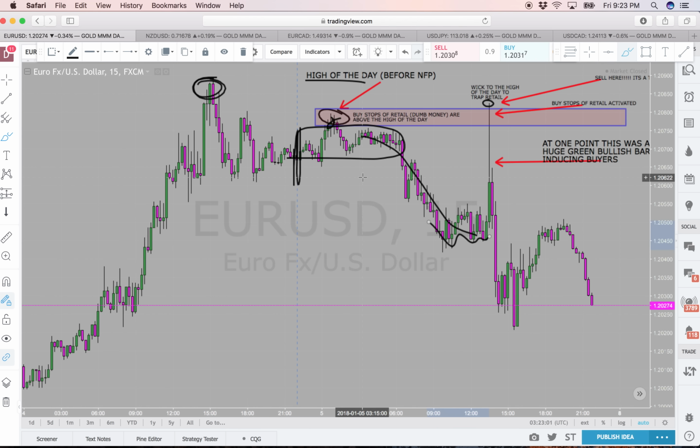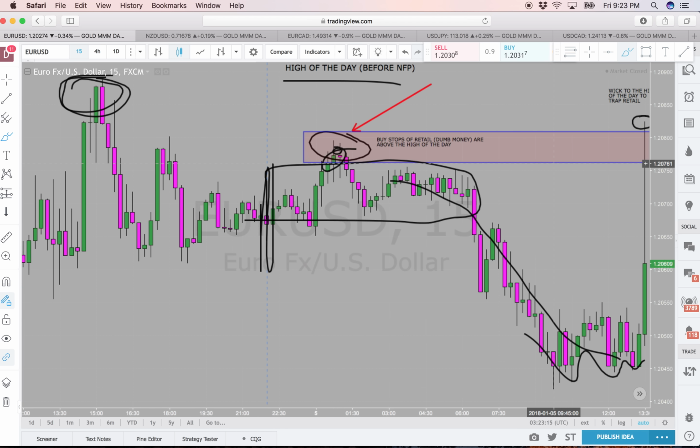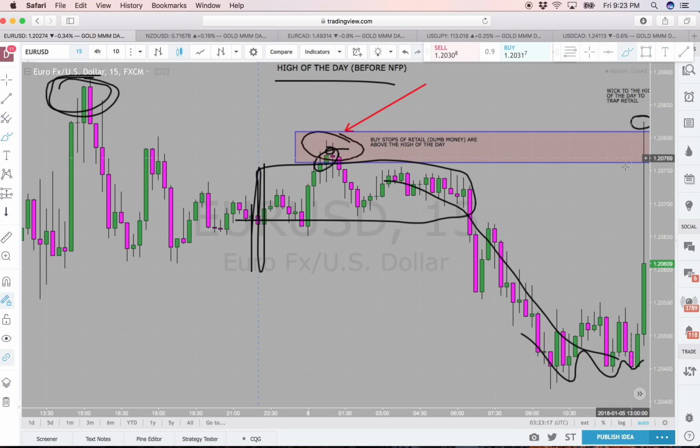Why did I think it was going to be a spike to the high? So this spike was once a big green bar. It was a big green candlestick. That is very, very hard for retail traders.